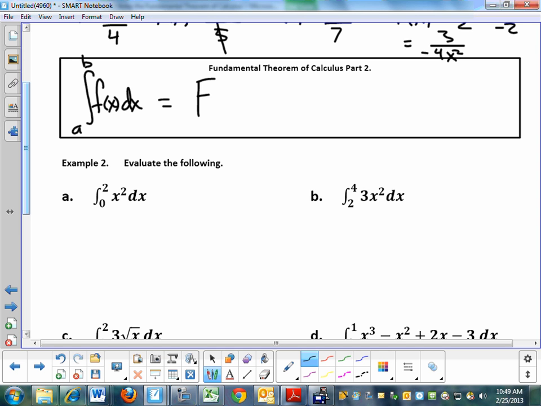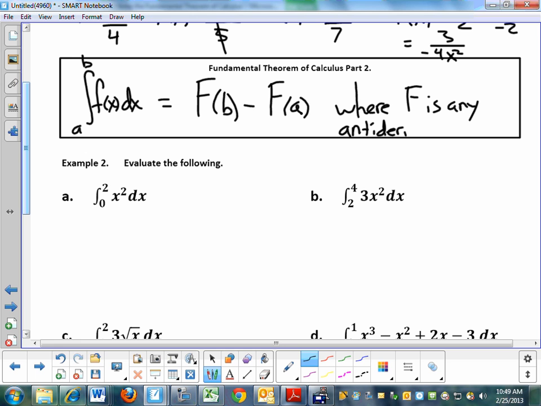This is equal to F of b minus F of a, where F is any antiderivative of f. And I write any because there are an infinite number of antiderivatives for each function. You might ask, how could that be? We'll get to that later. It's not important right now.